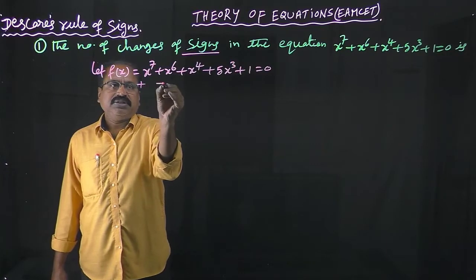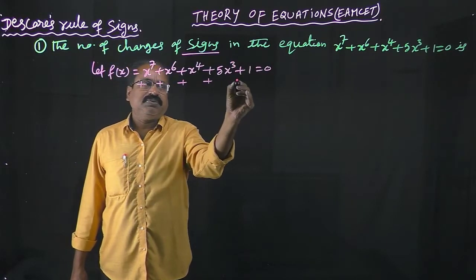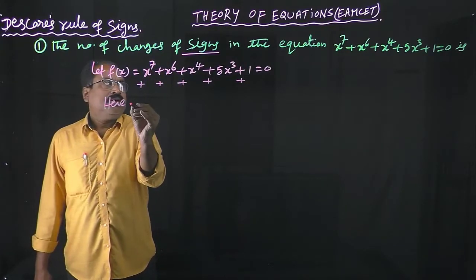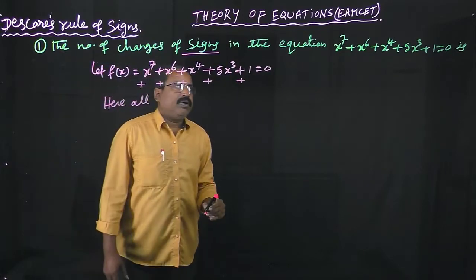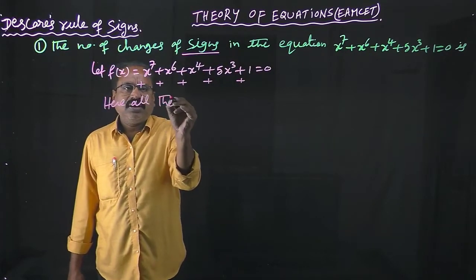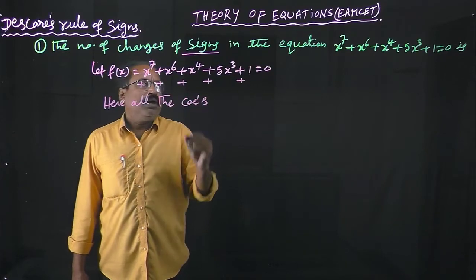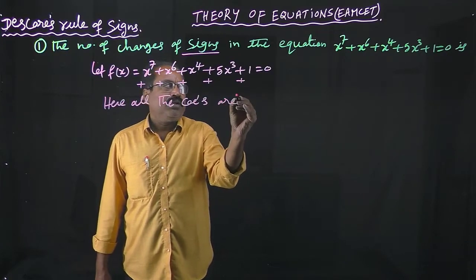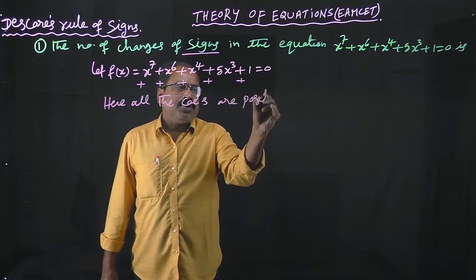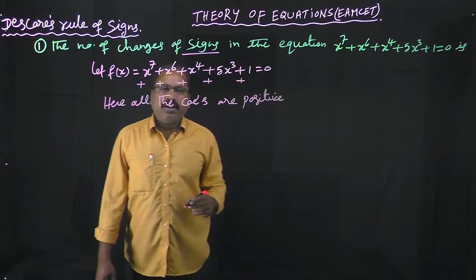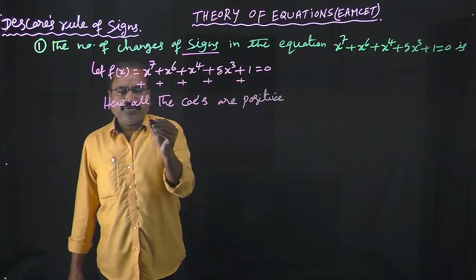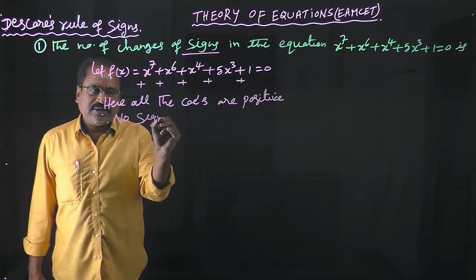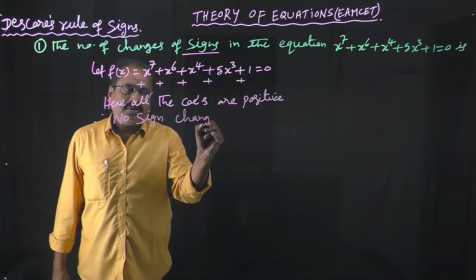This is plus, this is plus, this is plus, this is plus, and this is plus. Here all the coefficients are positive, therefore no sign changes.